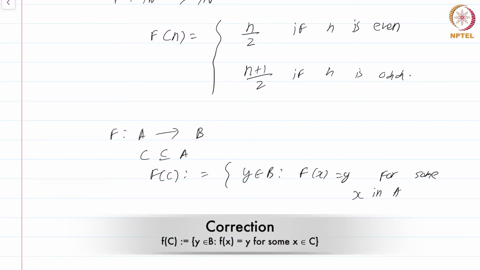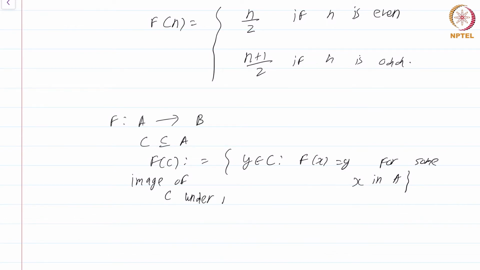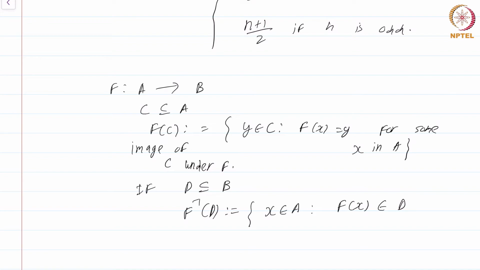Okay. This is called the image of C, image of C under f. Similarly, we have something called the pre-image. If D is a subset of B, then f inverse of D is defined to be the collection of all x in A such that f of x is an element of D. This is written f with a -1 on top.